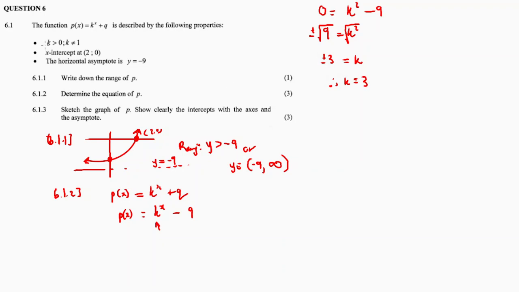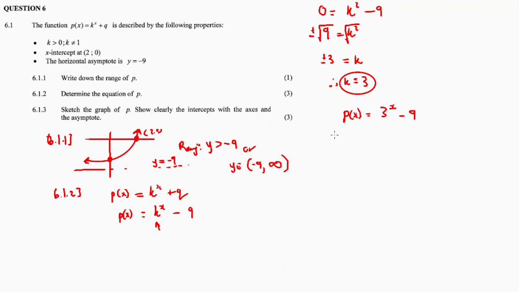It is given that k is greater than 0. So the value for k must be a positive number, which in our case is k equal to 3. Then p of x is equal to 3 exponent x minus 9. Voila, now we have our equation.